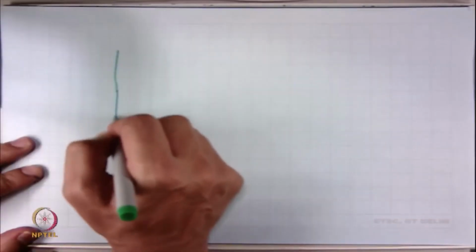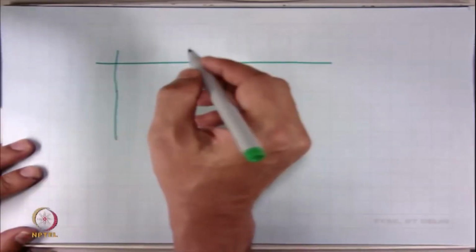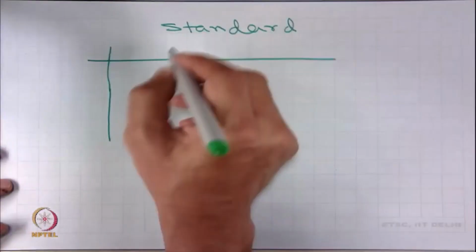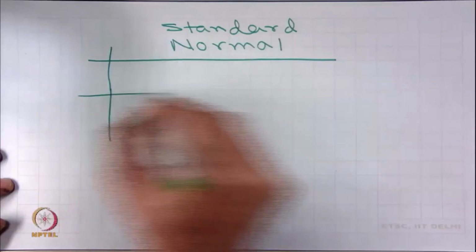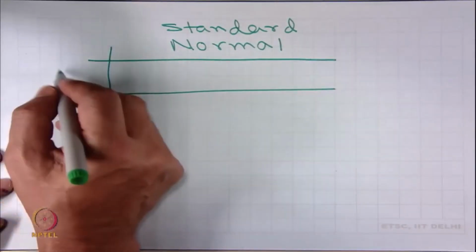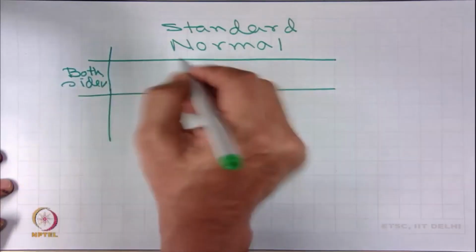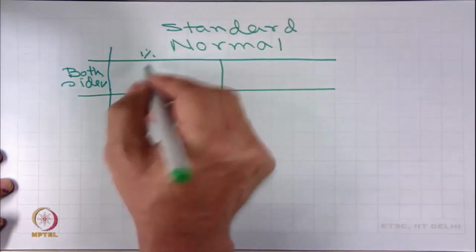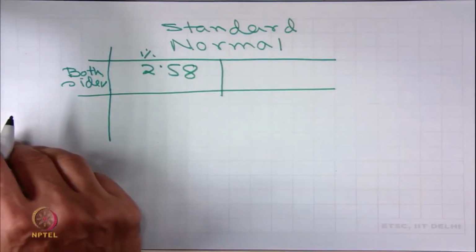So, you remember this table. For standard normal, I write it both sided. For 1%, the value is 2.58, as we have just observed.